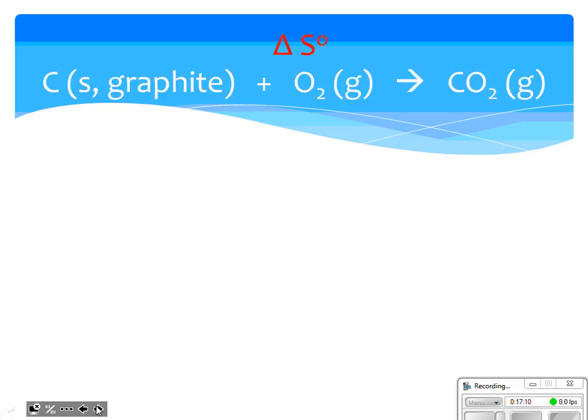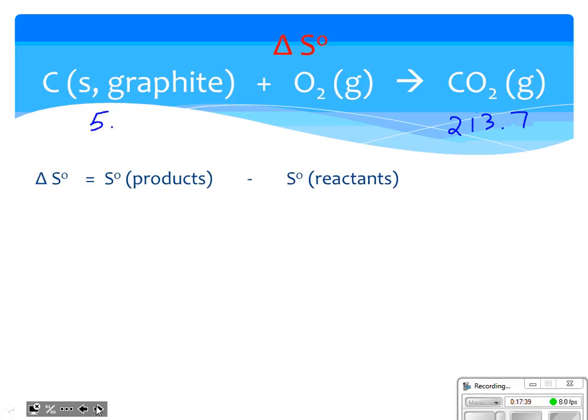My third and final calculation is the entropy. So I'm going to go through and I'm going to get entropy values for carbon dioxide as a gas, for graphite, and for oxygen.